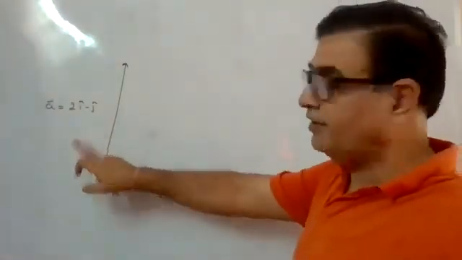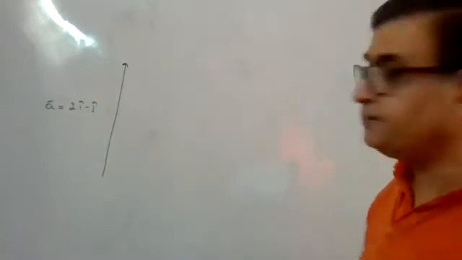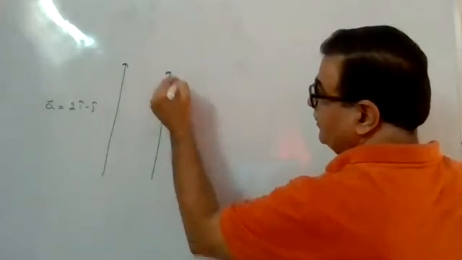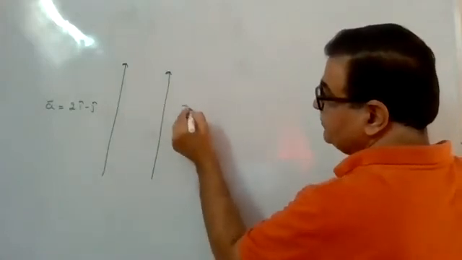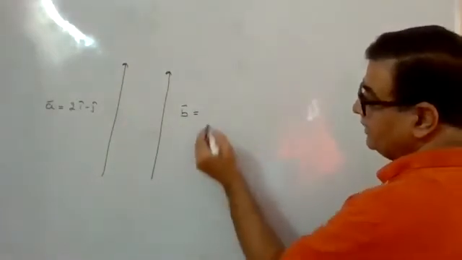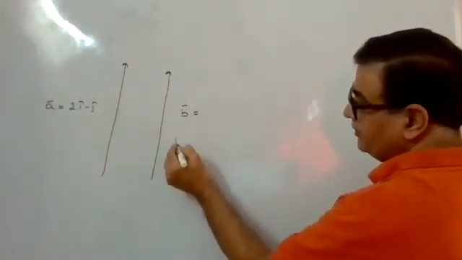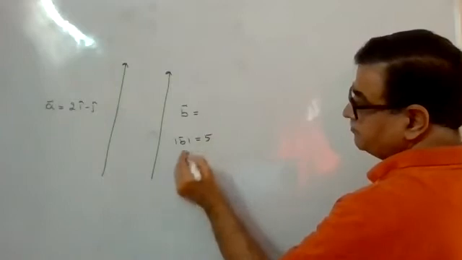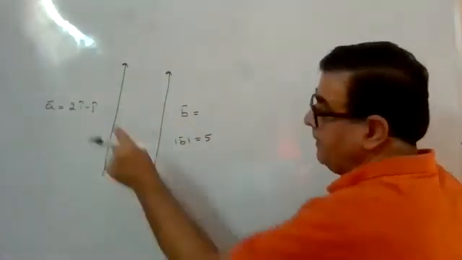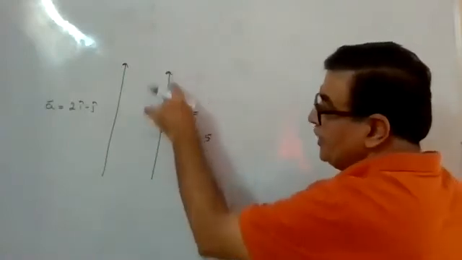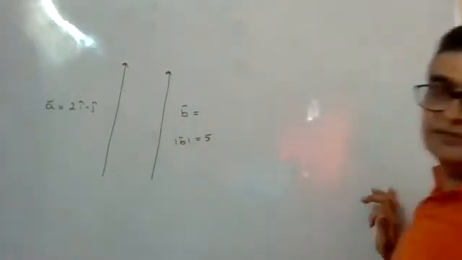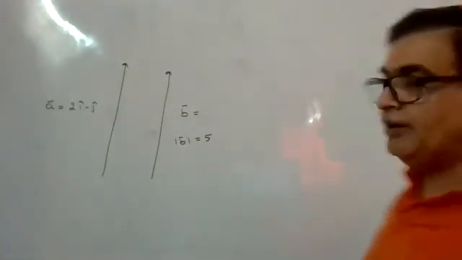I want a vector whose magnitude must be 5 and parallel to it. ये एक vector और है मेरे पास. Let this be b. The magnitude of b is 5 in this case. इसके parallel होना चाहिए. I want that vector.